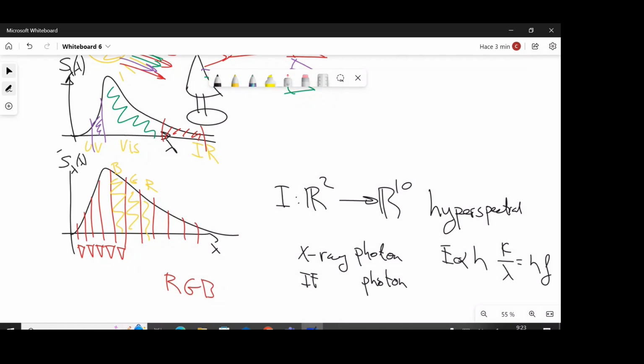Where are the X-ray photons? X-ray photons are here. How many X-ray photons is the sun emitting? Compared to how many photons are emitted in the visible range and in the infrared range. There are many more photons here and here, and these photons don't interact with matter, and these ones interact much more.